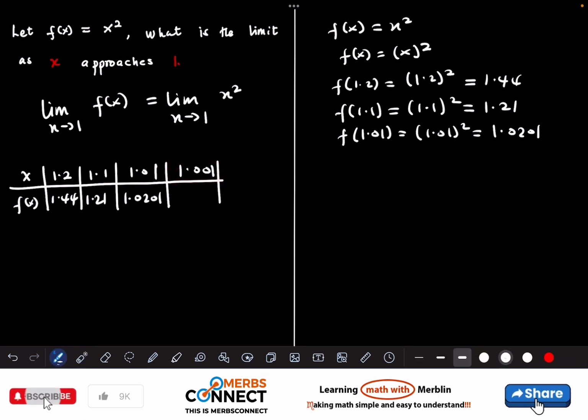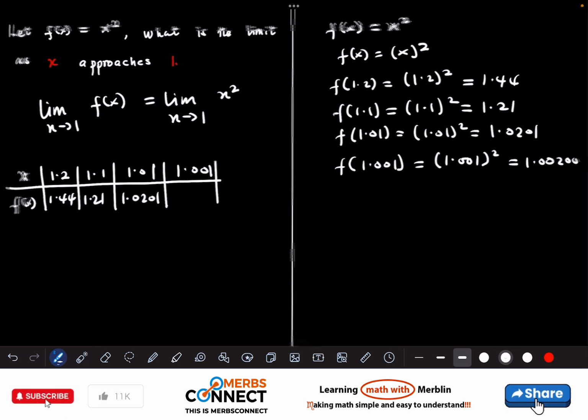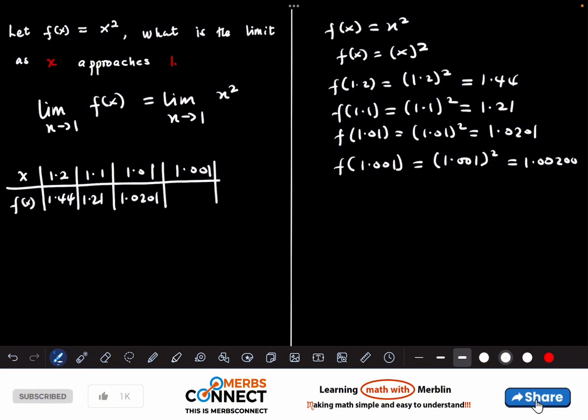And the last point: f of 1.001 is 1.001 squared, which gives 1.002001. Let's look at the trend here.